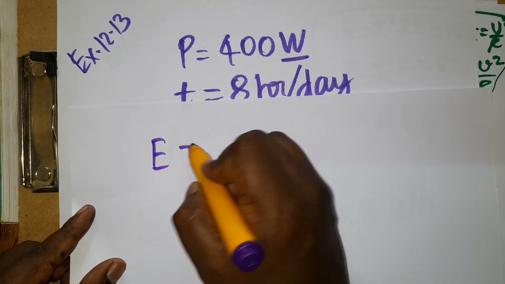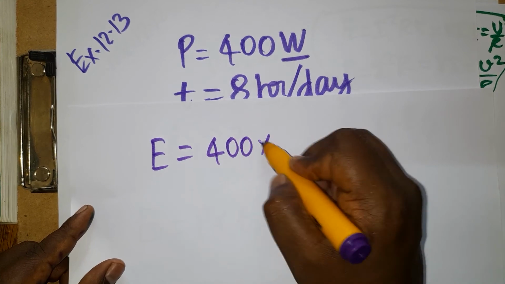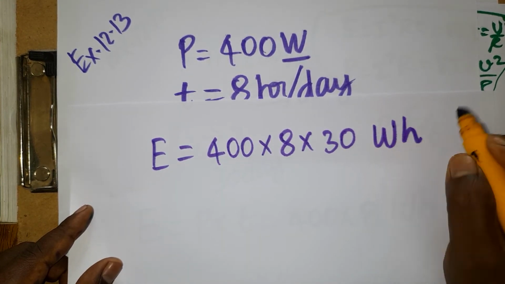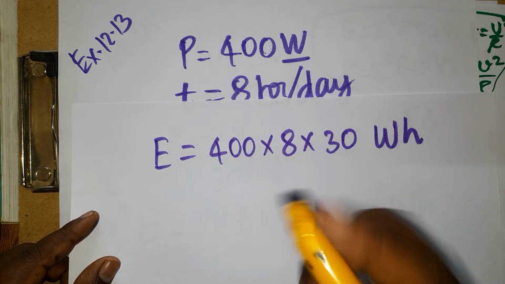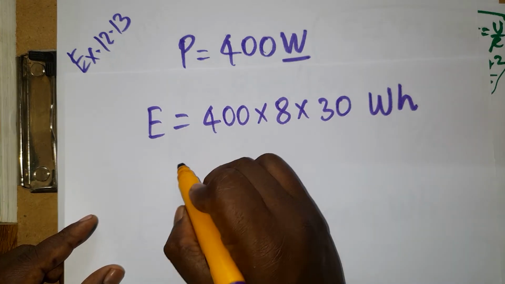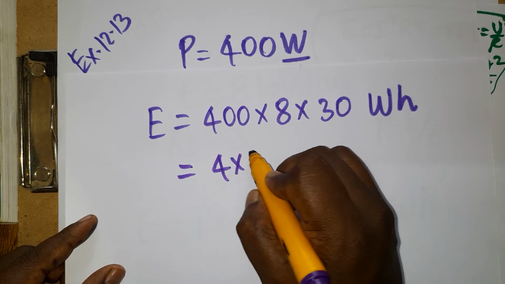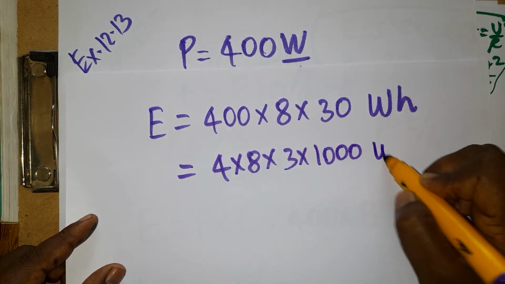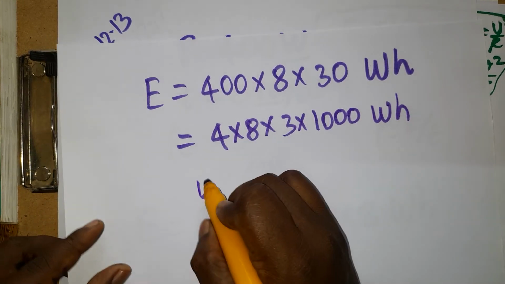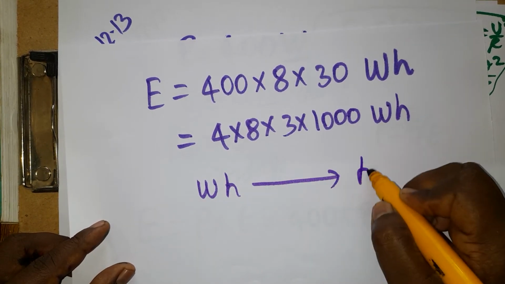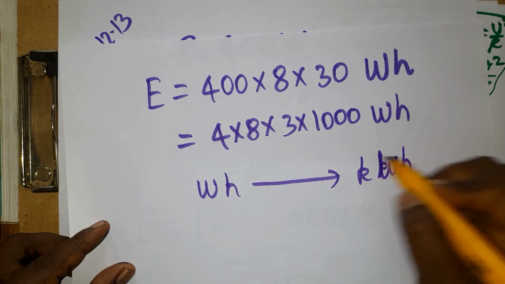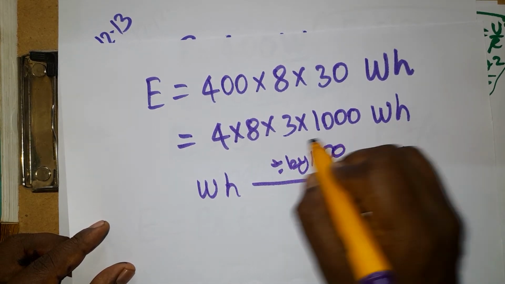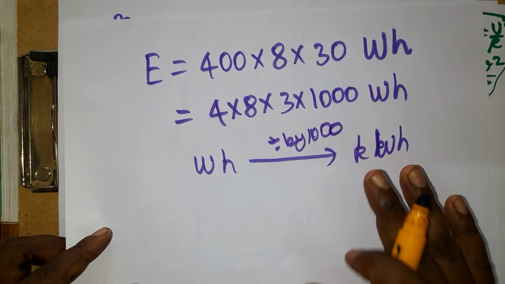So energy is equal to 400 into 8 into 30 watt hour. If you want to convert watt hour to kilowatt hour, divide by 1000. For the commercial unit, you always have to use kWh.